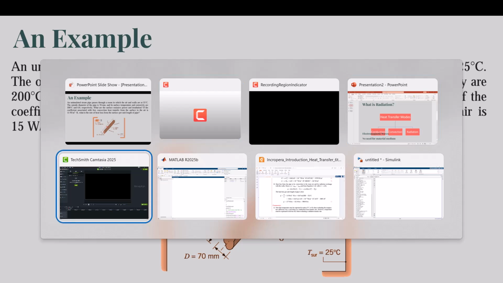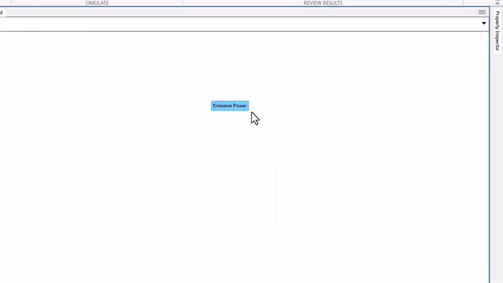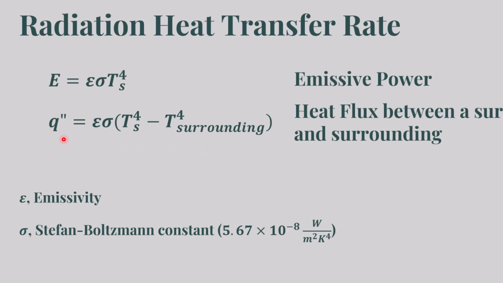So I go to Simscape. At first I want to find emissive power. First I go back to my slides, and I want to tell you the radiative heat transfer block in Simscape solves this formula: epsilon times sigma times T to the fourth power minus T surrounding to the fourth power.